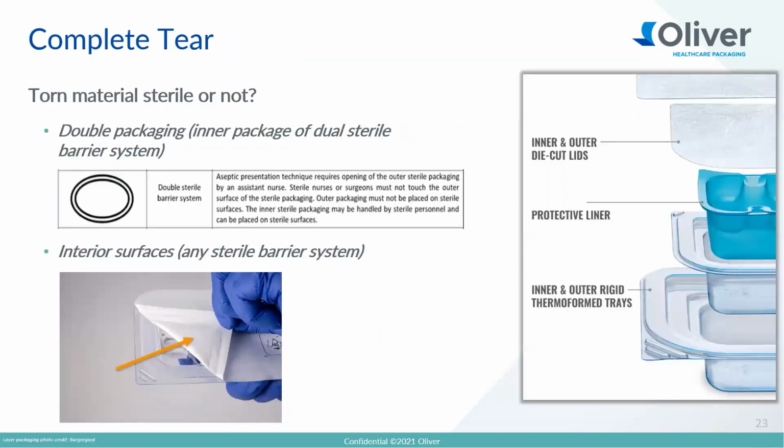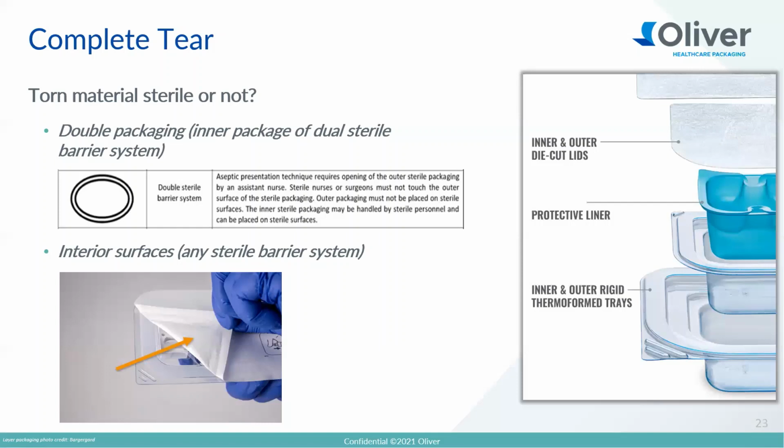So let's continue to talk about tearing and complete tearing. The real question in the tearing is, is the torn material sterile or not? In a dual sterile barrier system, where you have double packaging, with an inner and outer configuration, for example an inner outer tray or inner outer pouching configuration, where both materials are sterile barrier systems, the interior package is completely sterile on the inside and on the outside.